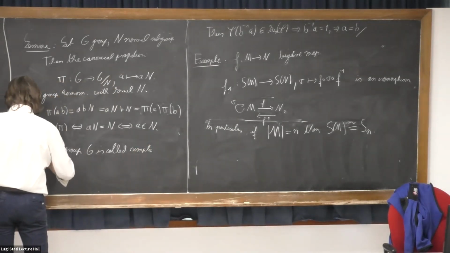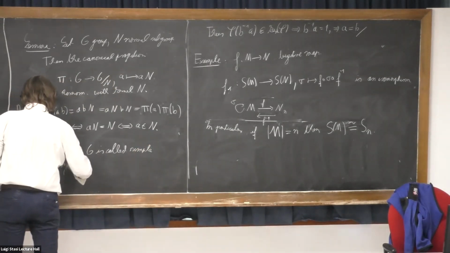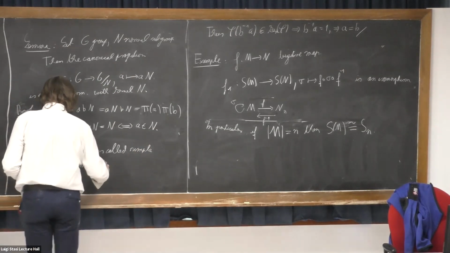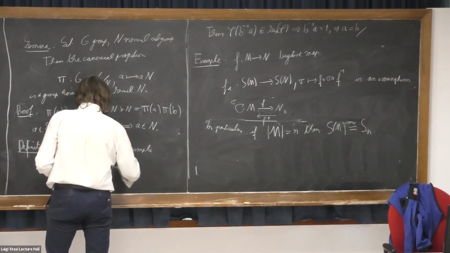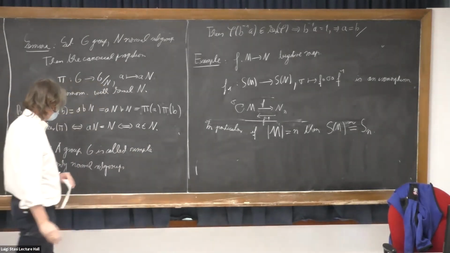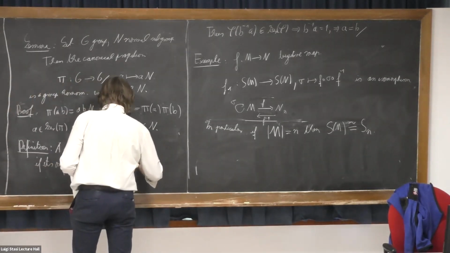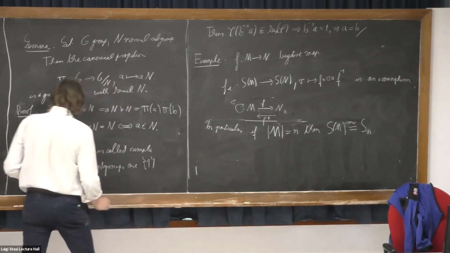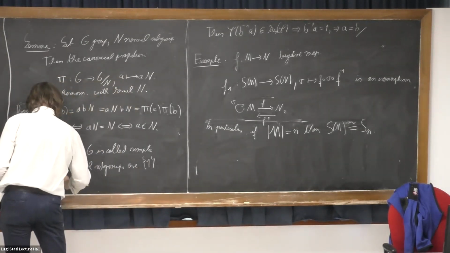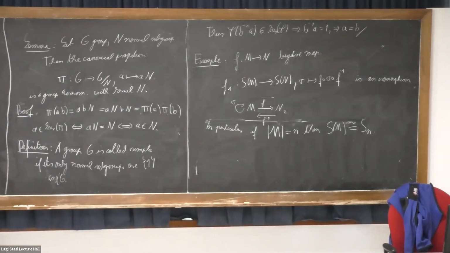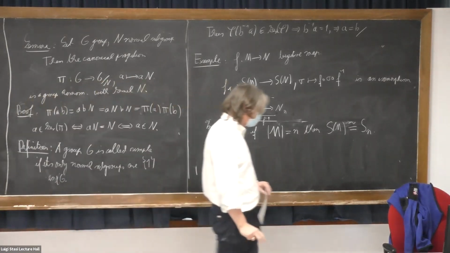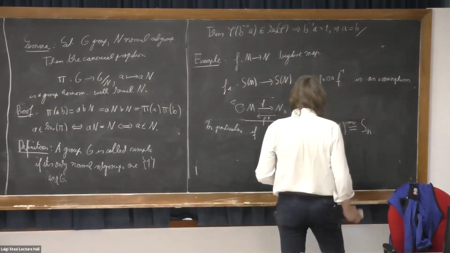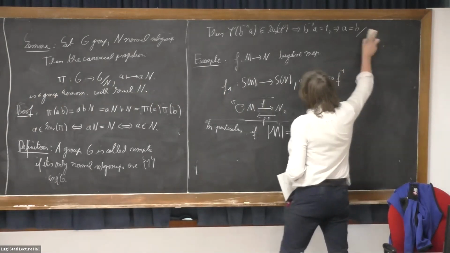Well, every group has some normal subgroups, namely the one consisting of the neutral element and the whole of G. So you cannot simplify the group G by dividing by a normal subgroup.